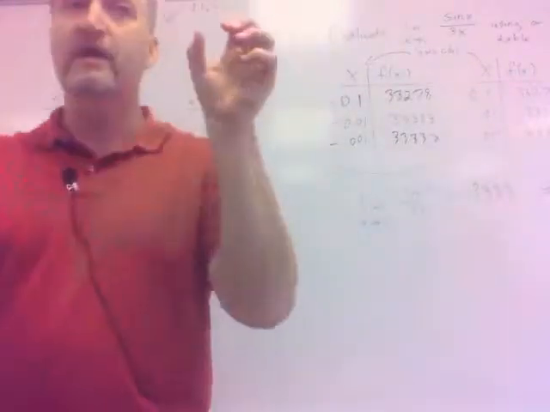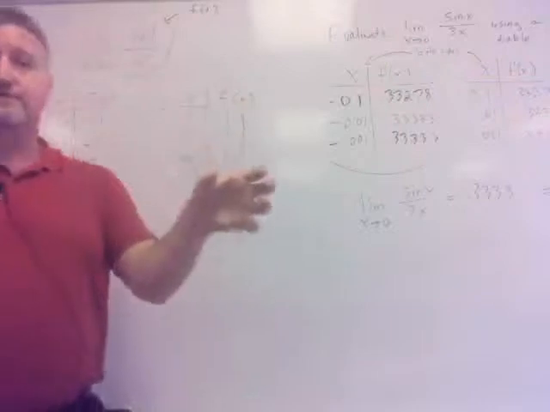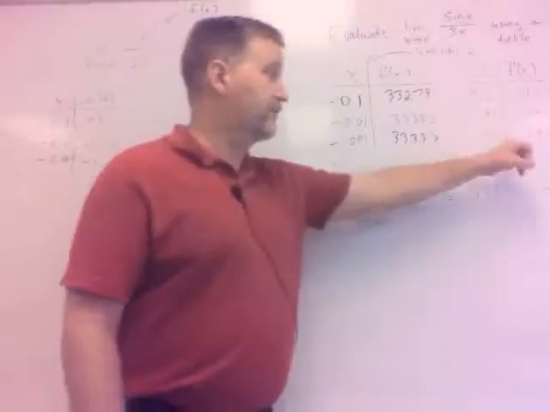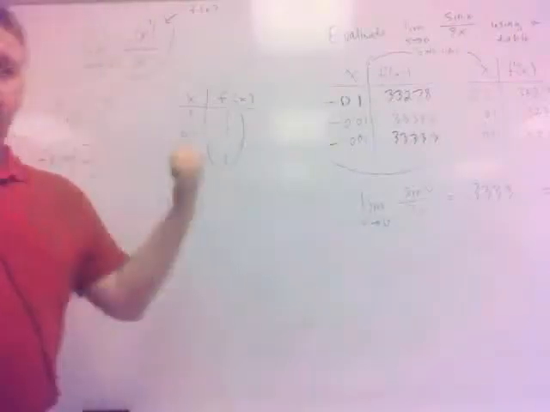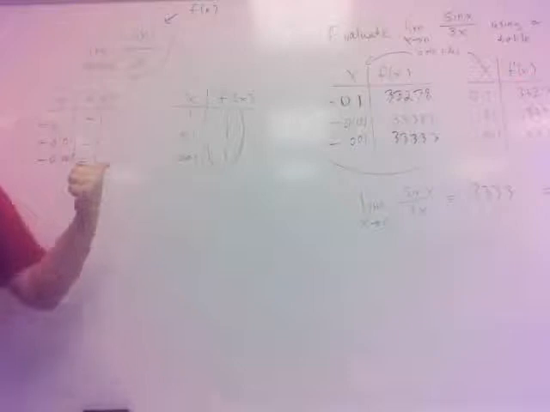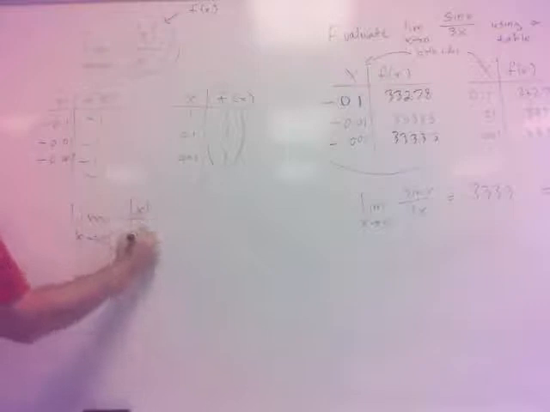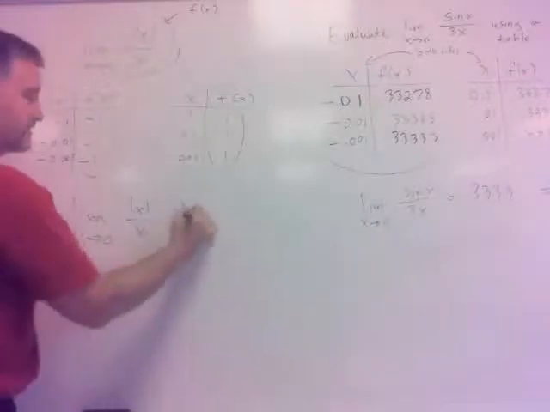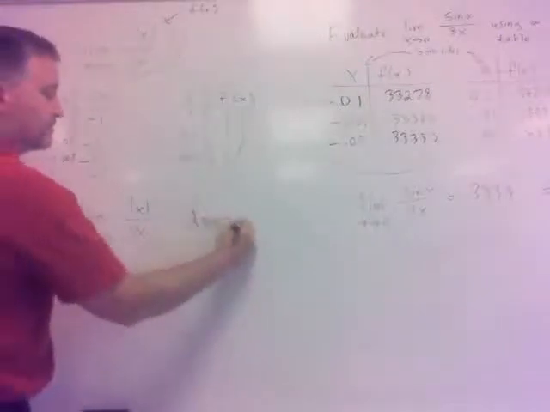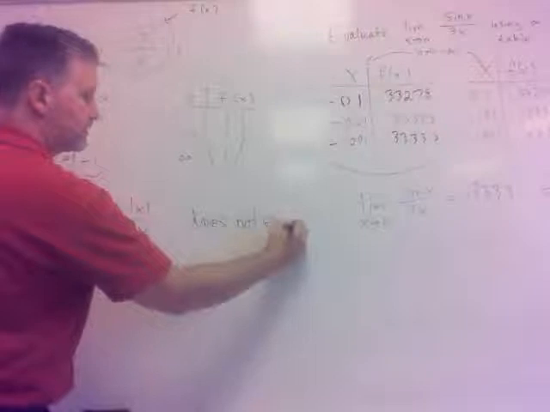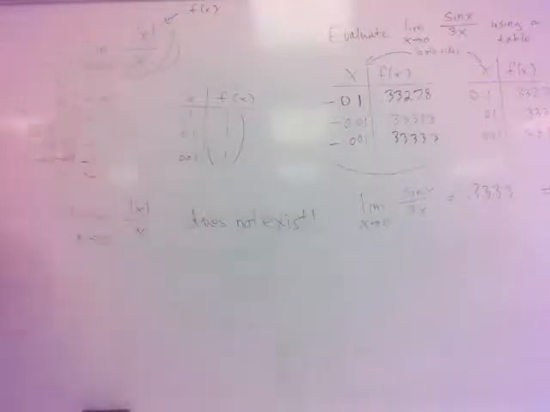That's why I was stressing we got to look at both sides. Because if those values don't go to the same thing on both sides, like this one, the limit doesn't exist. This limit, the limit as x approaches 0 of absolute value of x over x, does not exist. Why? Because the limit's different on one side than the other.